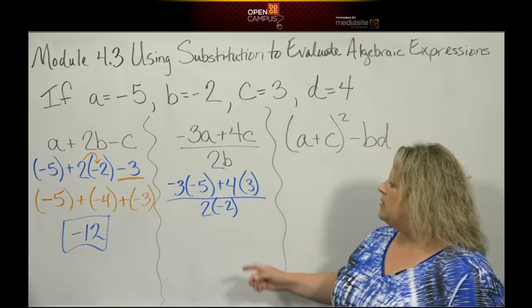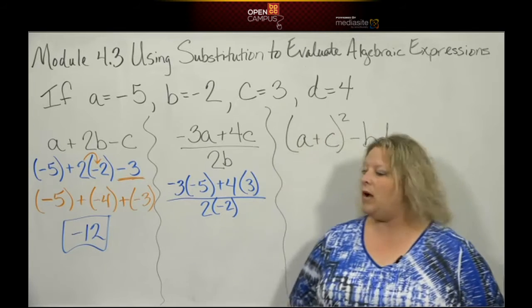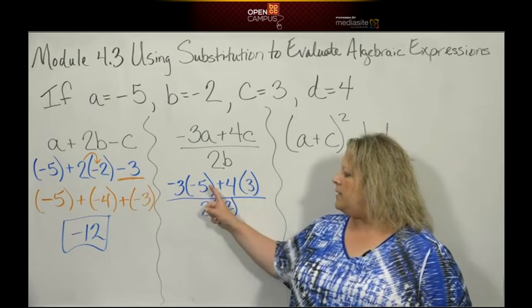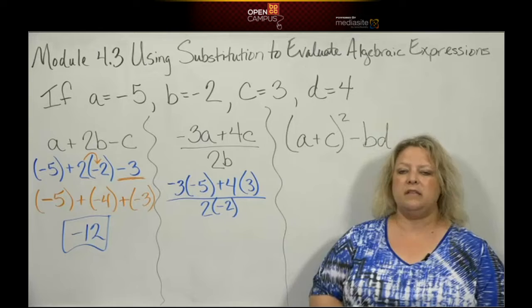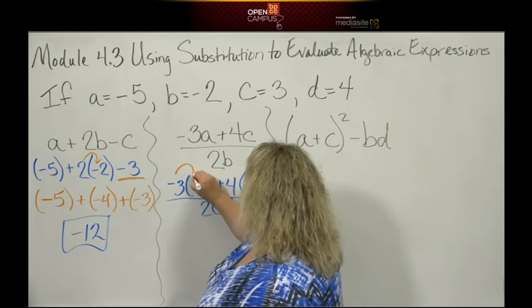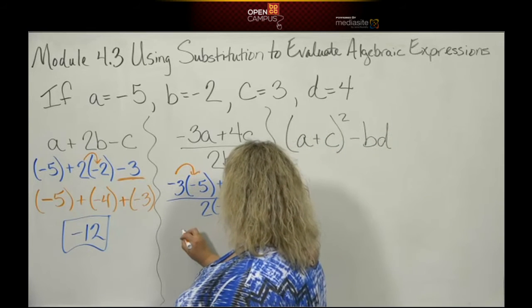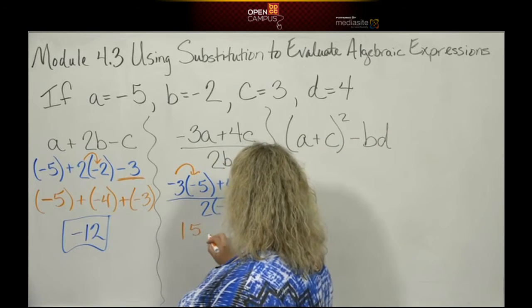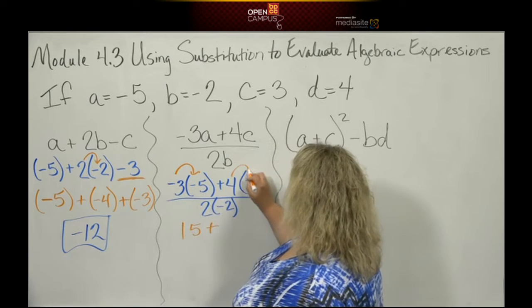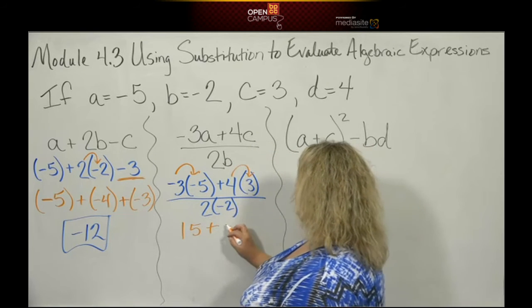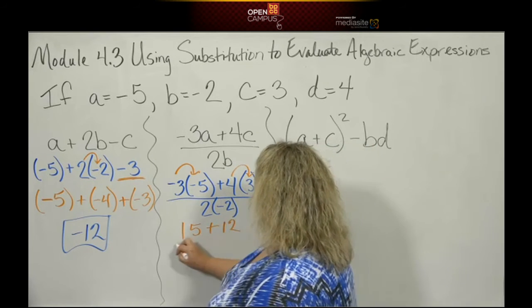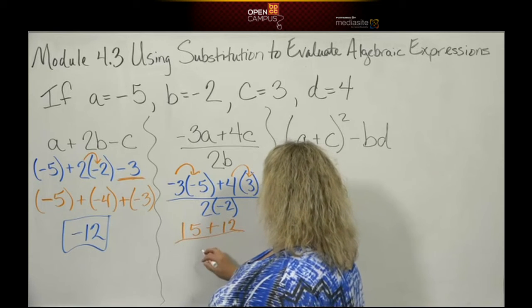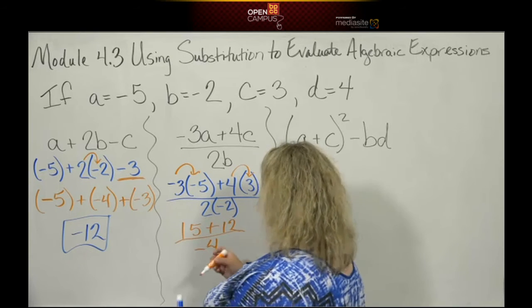All right, so what do I see at the top? Well, in the numerator, I see multiplication. So let's go ahead and let's do that first. So negative times a negative makes a positive, so that would be +15, plus 4 times 3, that's a positive times a positive, that's 12, divided by 2 times -2 is -4.